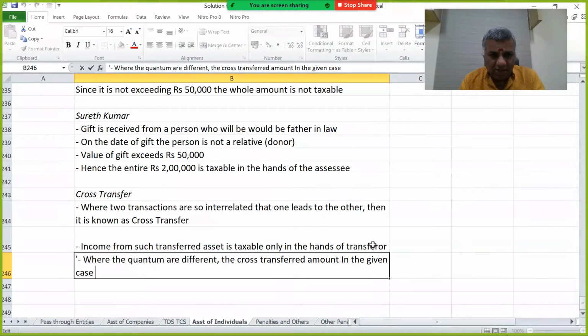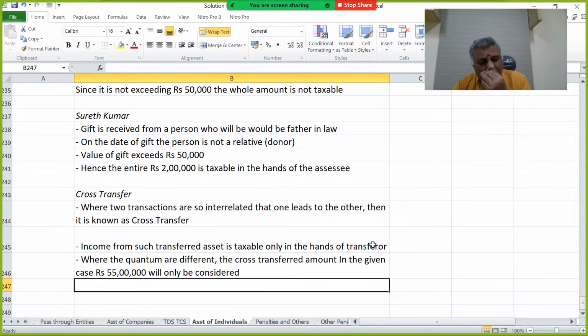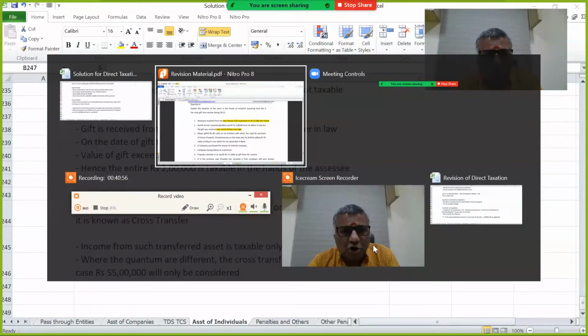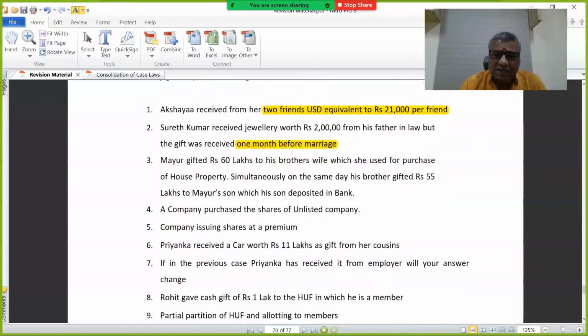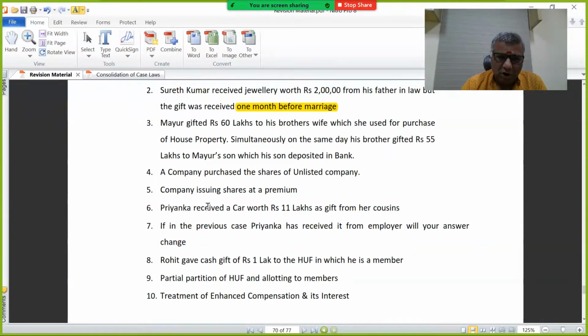In the given case, only rupees 55 lakhs will be considered, that is, income on rupees 55 lakhs will be clubbed, not the 5 lakhs. Where two transactions are interrelated so that one leads to the other, it is known as cross transfer. Income is taxable in the hands of the transferor.